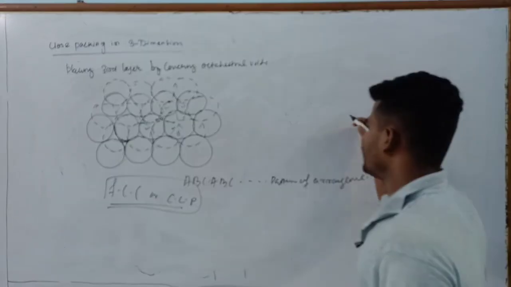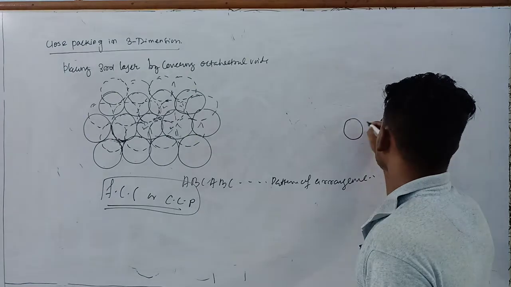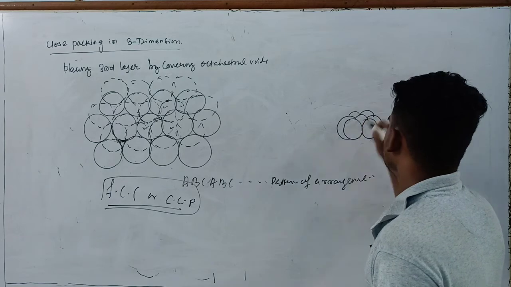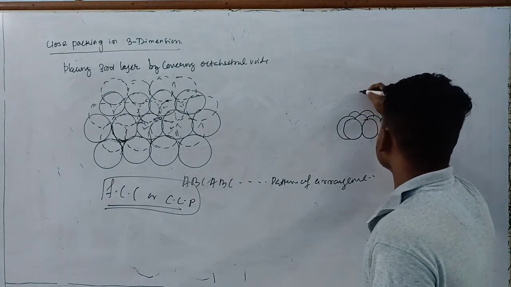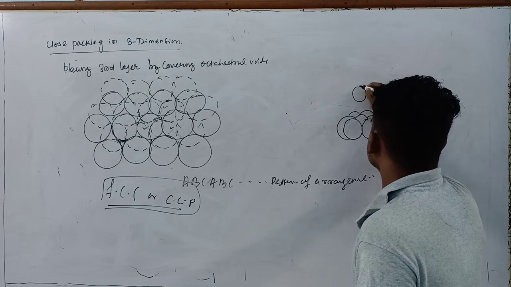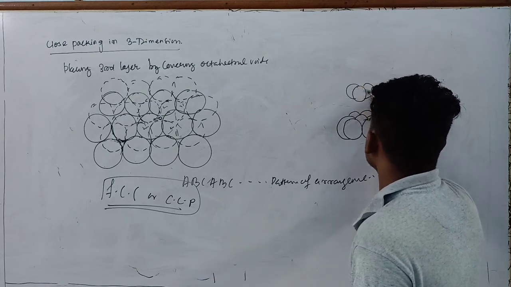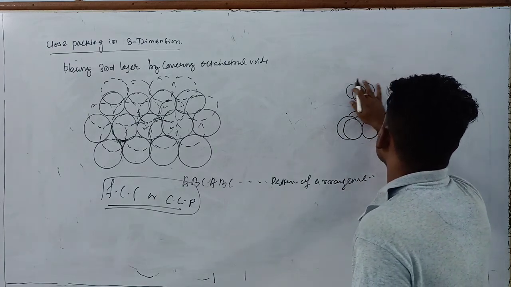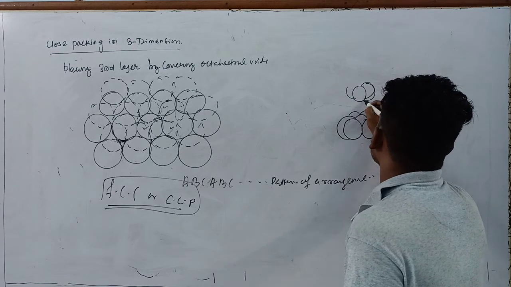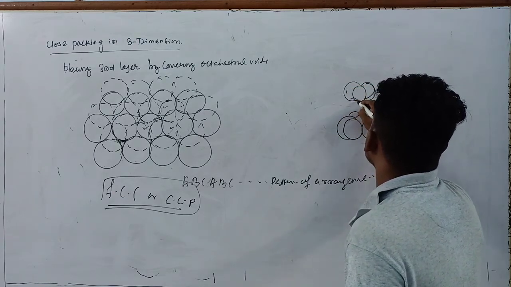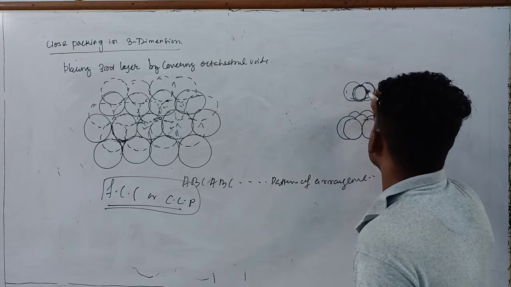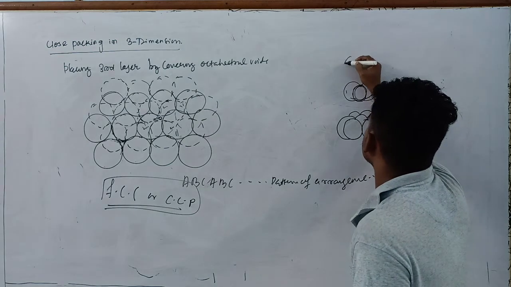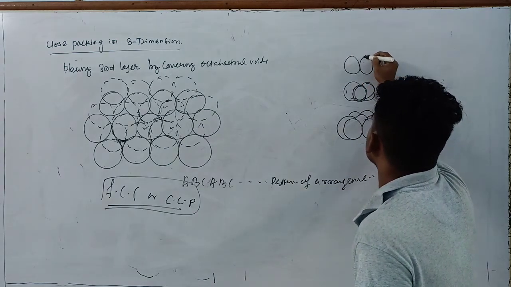Okay, so here the packing will be like this, this one, this one will be the first layer, and the second layer is like this, as I have discussed just now. Second layer, this is A, this is B, and C will be, you just see, opposite to that of this one, and like this.